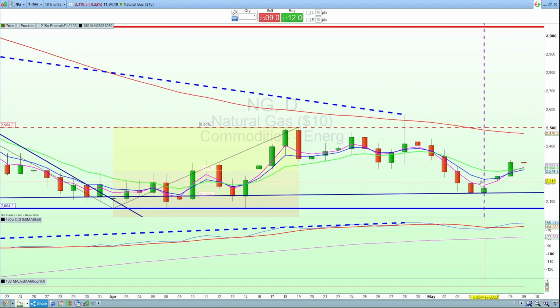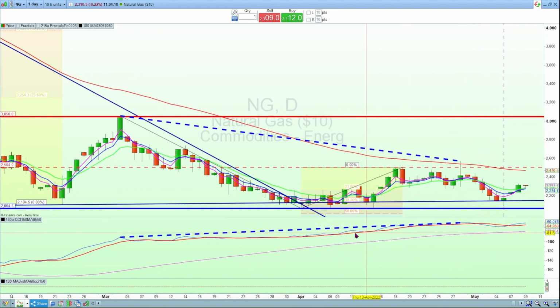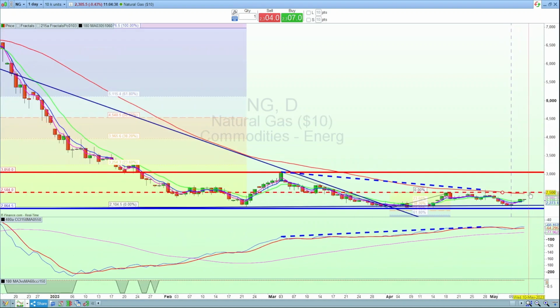and it's bouncing off that as we speak. So what we need to see, for this divergence to work out, is this break of the shorter term resistance at 2504, but ultimately we want to see it break this 3050 resistance up there and possibly higher.